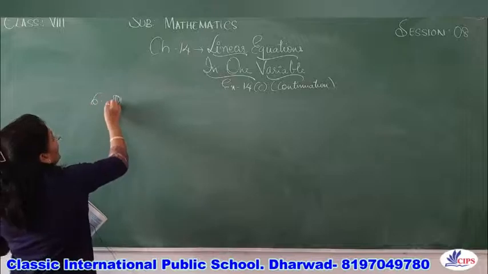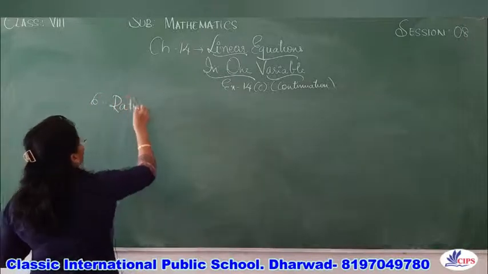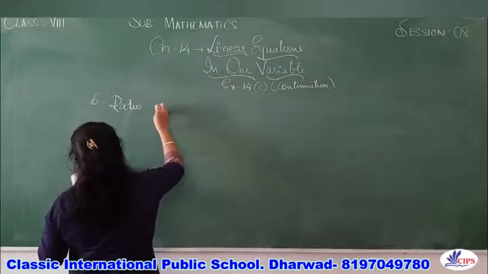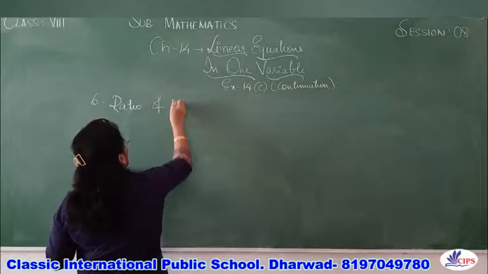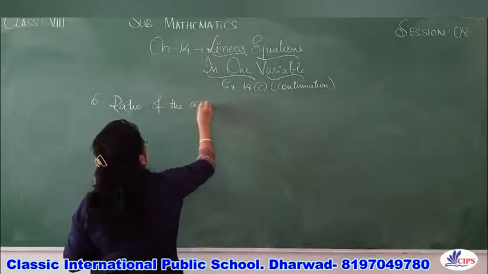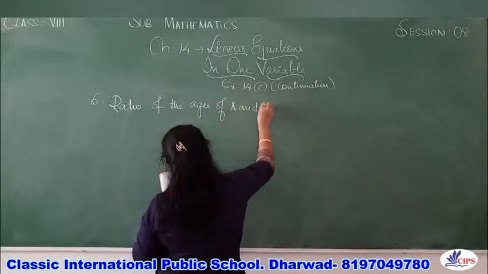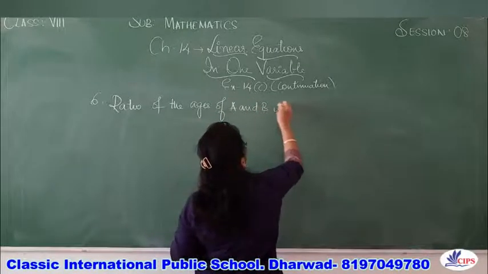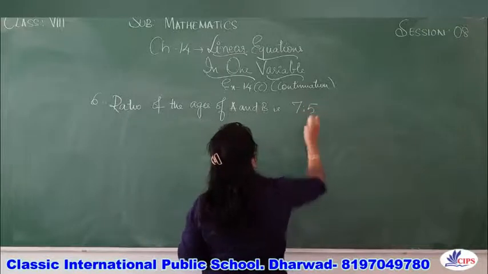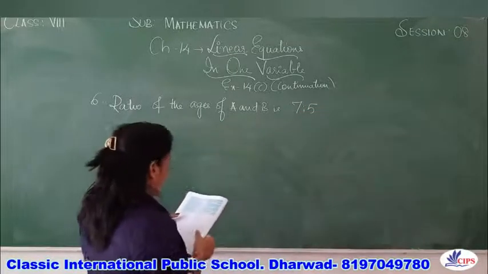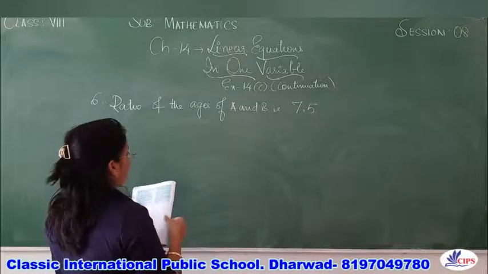Sixth one, ratio of the ages of A and B is 7:5. Now 10 years hence they have told, so we'll take their ages.